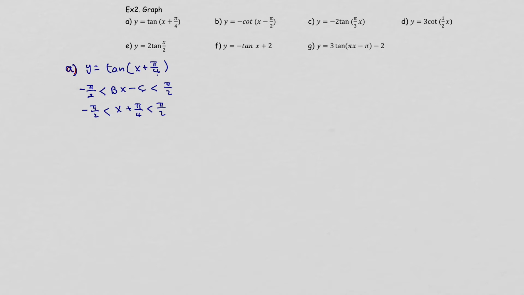And when we solve for x, we need to subtract pi over 4 from both sides.